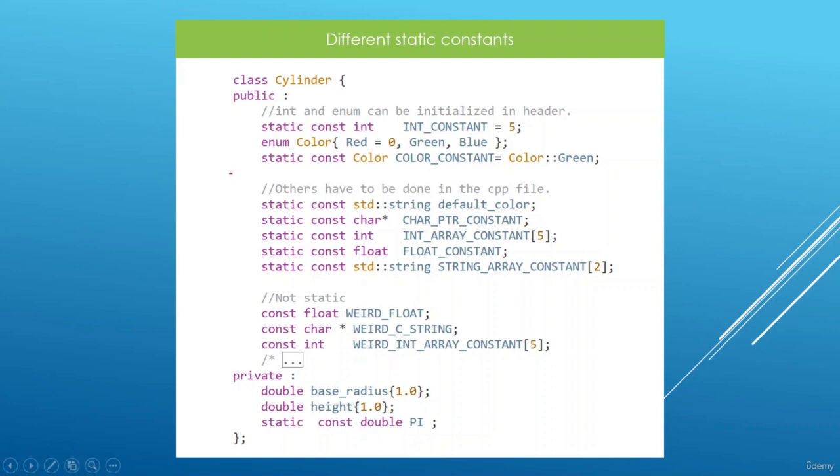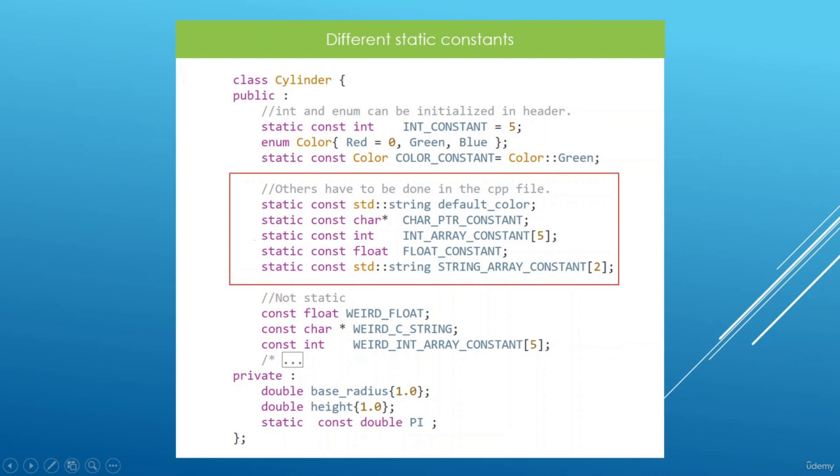So if we go down here, for example, we have a bunch of member variables. They are static. You see that they have the static keyword in front. But we have many types, so we have a string, we have a char pointer, we have an int, we have a float. All of these things wouldn't be initializable in the header file. If you try to do this, you're going to get a compiler error.